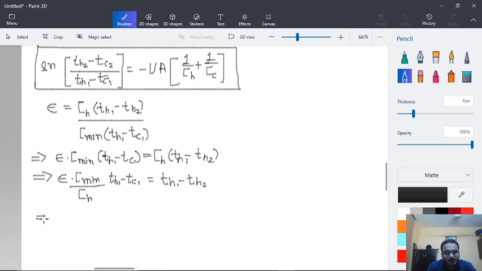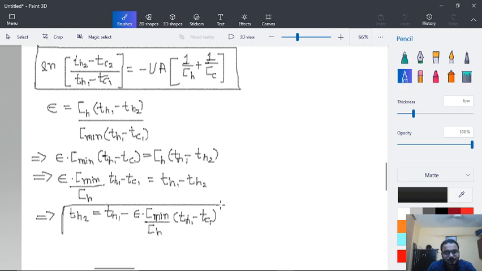So finally we are getting the value of exit temperature of hot fluid. TH2 is equal to TH1 minus epsilon into C minimum divided by CH into (TH1 minus TC1). So this is the value of TH2.